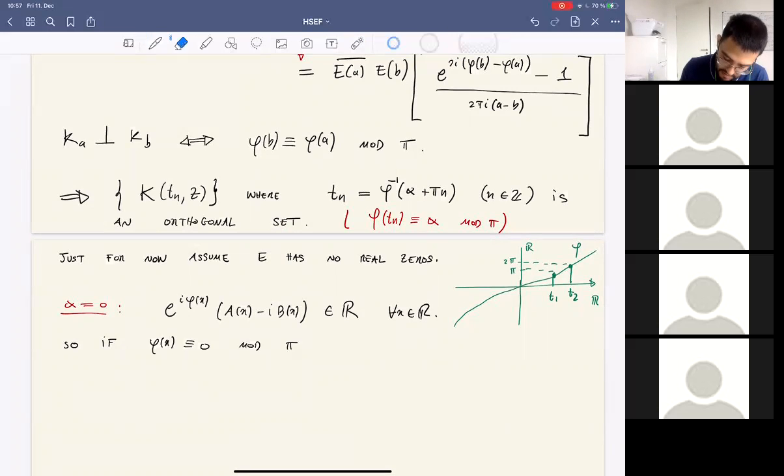So if this is 0, then if and only if B of X is 0.